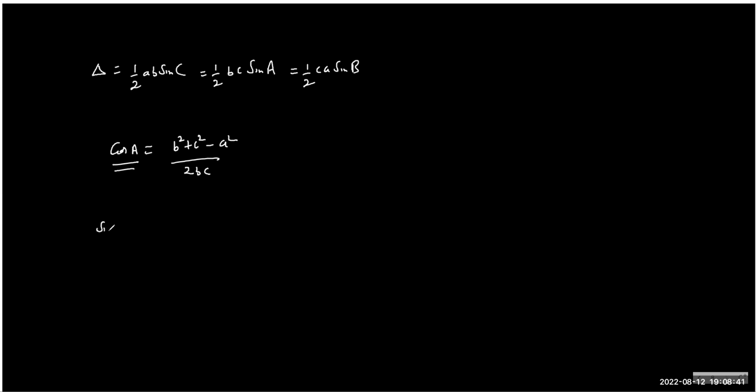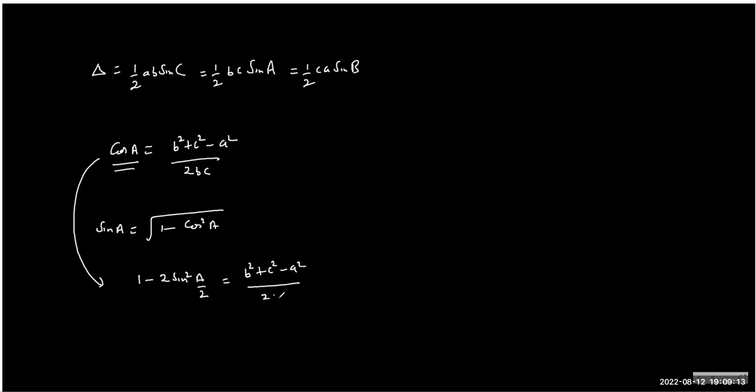Of course you can write sine A equals the square root of 1 minus cos square A, simple, right? But this is going to be a square root term, so not very favorable. So we can do something else. We can also write cos A as 1 minus 2 sine square (A by 2). That's easy, right? So this will give no root term.